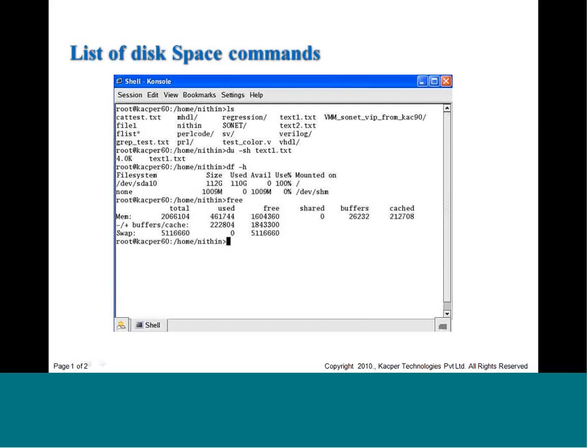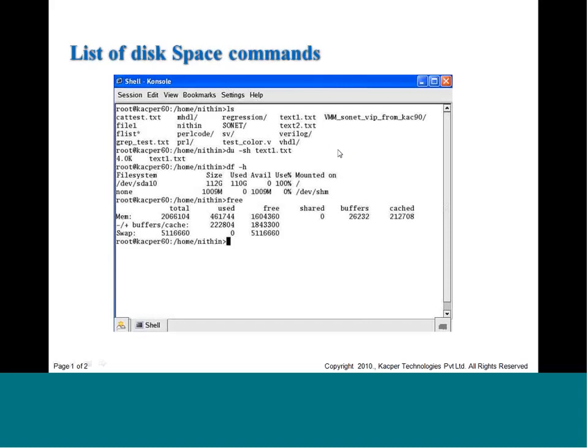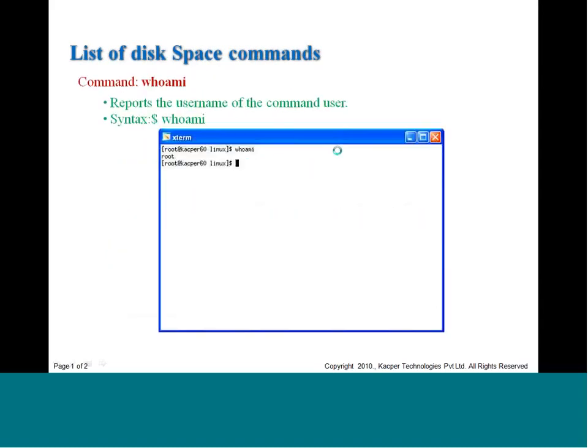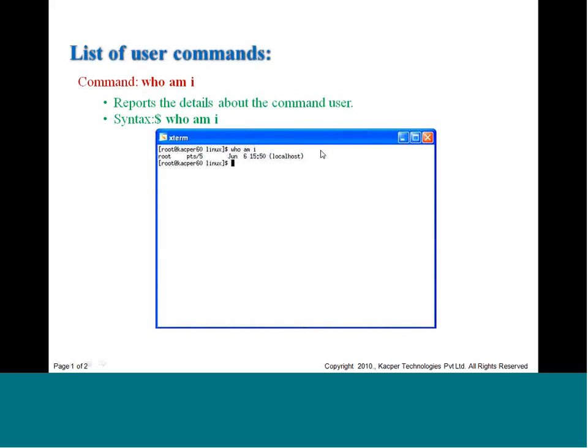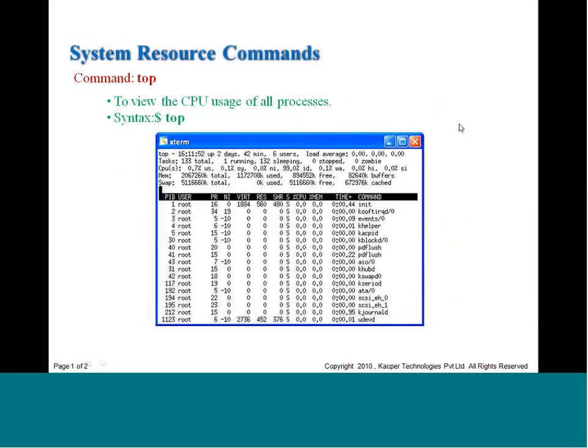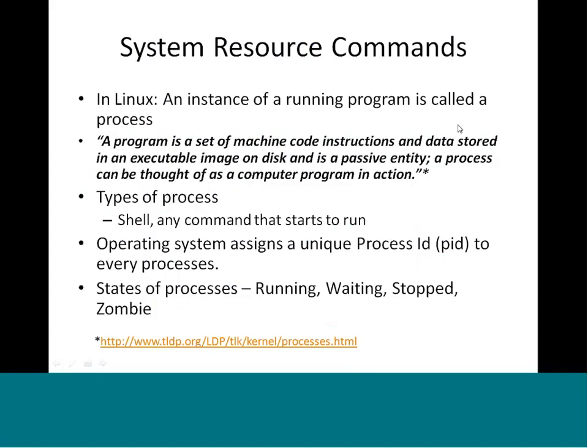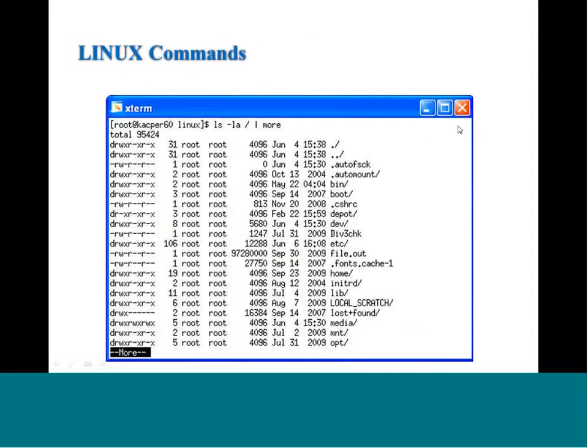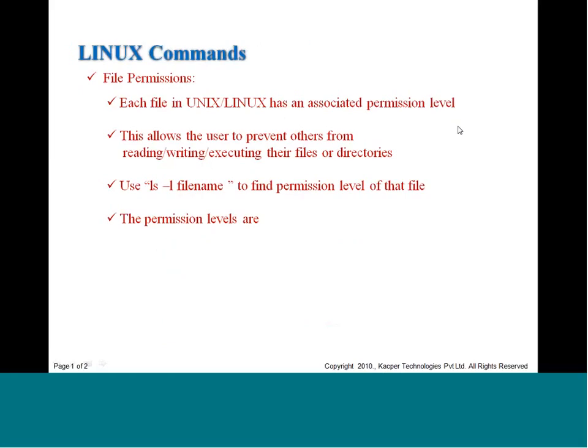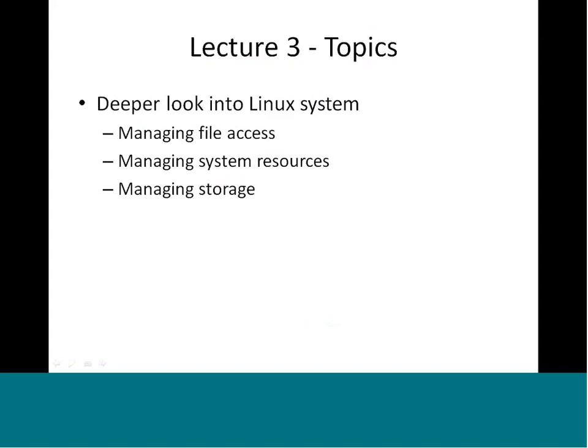So I think this is probably the end of lecture 2. Again, we talked about several things, and I just wanted to recap one more time the things in lecture 3. Essentially, we looked deeper into the Linux system.